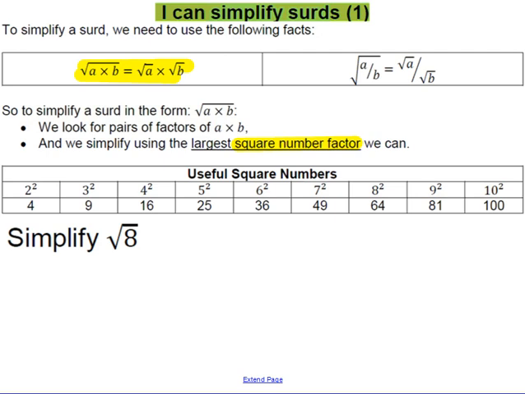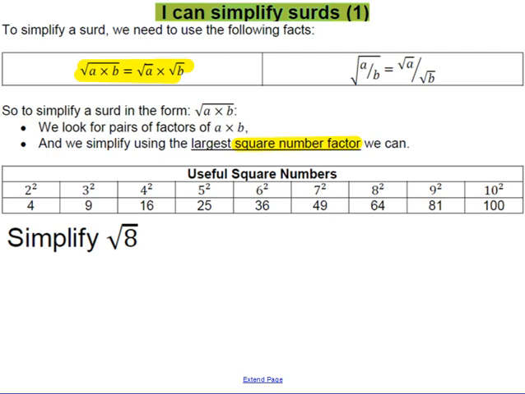We see a little table here that gives us the square numbers from 2 squared all the way up to 10 squared. It would be really important at National 5 that you know all of these, if not off by heart, that you would be able to find them very quickly.